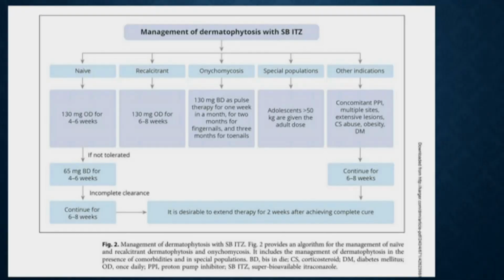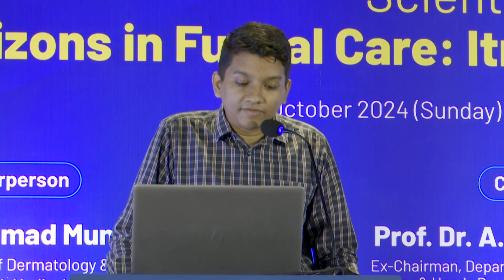This is a simplified chart which shows that super bioavailable itraconazole 130 mg single dose for about 6 to 8 weeks was shown to be effective in the treatment of recalcitrant dermatophytosis, and they have recommended using it at least 2 weeks after achieving complete cure.